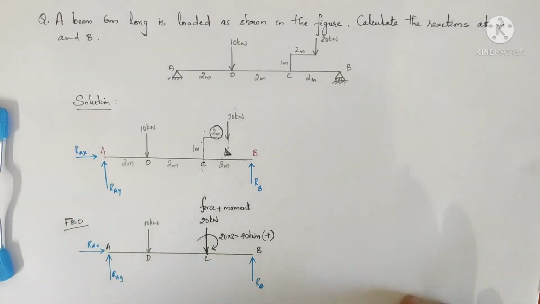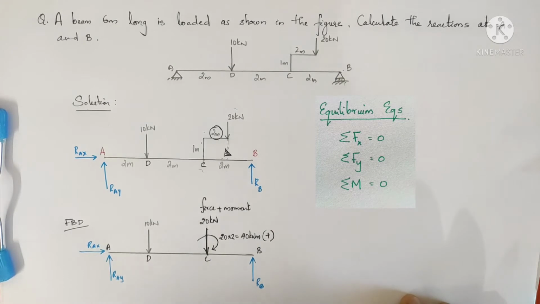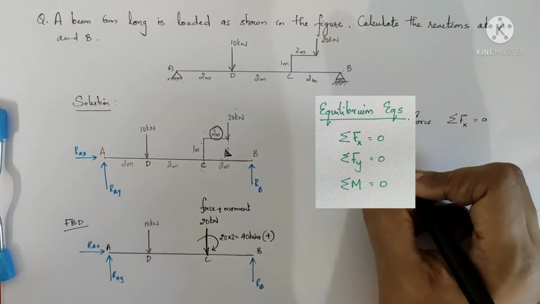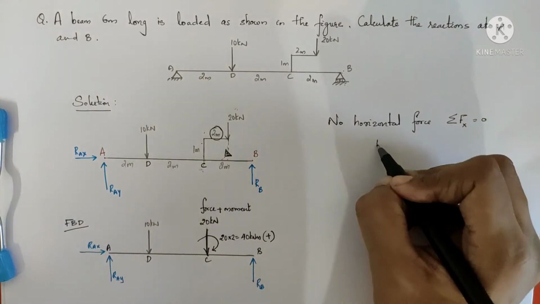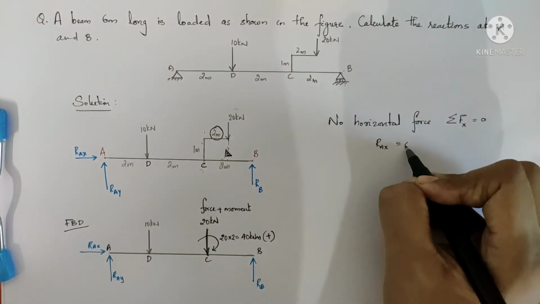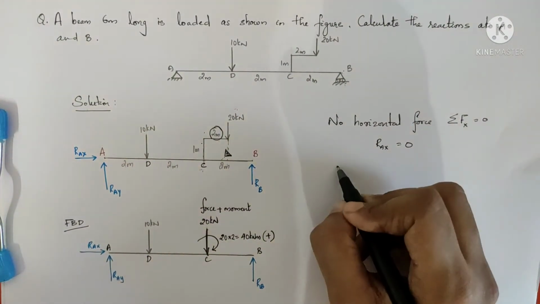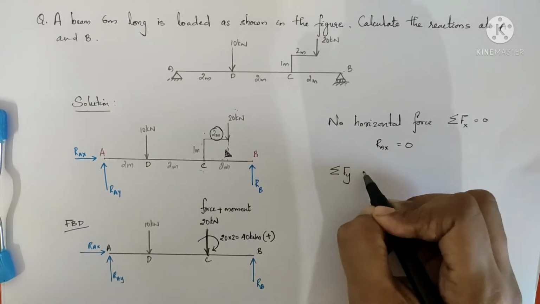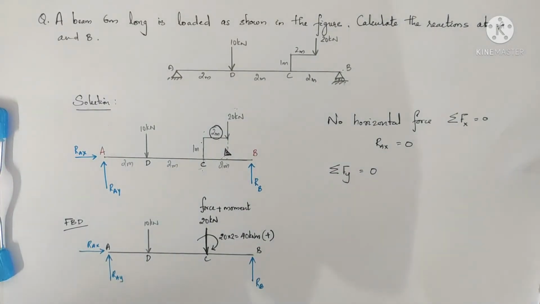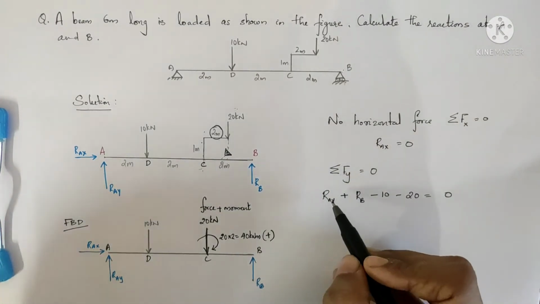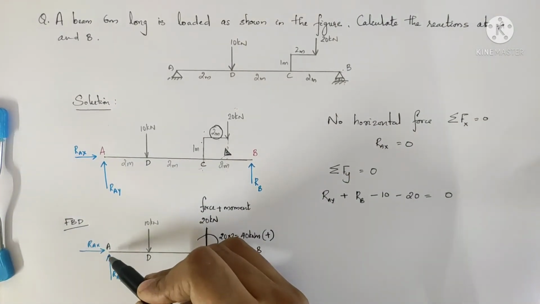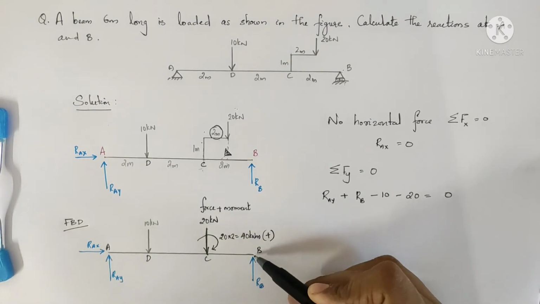Now we can apply the equilibrium equations. Sigma Fx is equal to 0. We have here only one RAX in the horizontal direction, so that RAX will be 0. Now let's take the equation sigma Fy is equal to 0. We have RAY acting in the upward direction and RB acting in the upward direction.